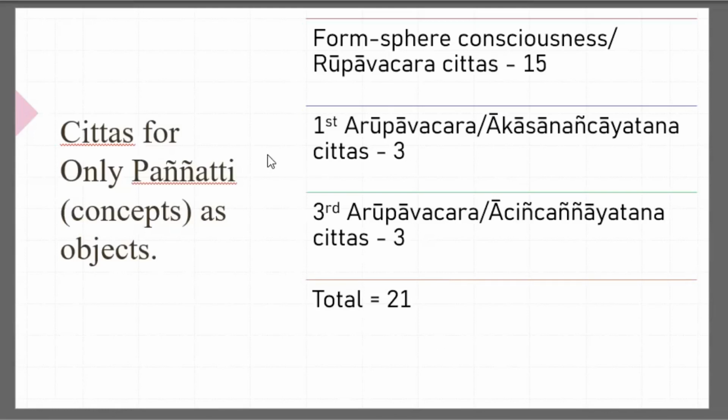And someone takes the foulness object, asubha, that's a concept. Also, someone develops loving kindness, compassion, appreciative joy: metta, karuna, mudita. Those are concepts. So that's why we say Rūpāvacara Cittas take only Paññatti objects, only concepts as the objects.